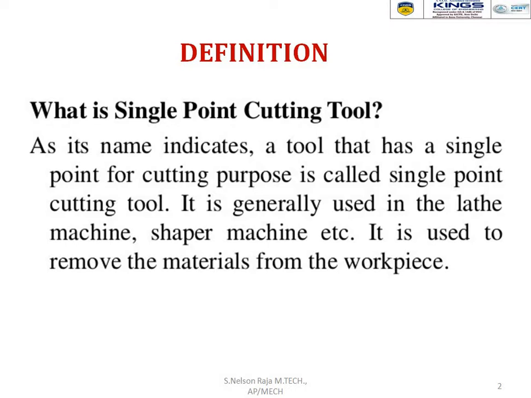It is generally used in the lathe machine, shaper machine, etc. It is used to remove the material from the workpiece. So I'm repeating: if the cutting tool has only one cutting edge, it is called a single point cutting tool. Similarly, if a cutting tool consists of more than one cutting edge, it is called a multi-point cutting tool.